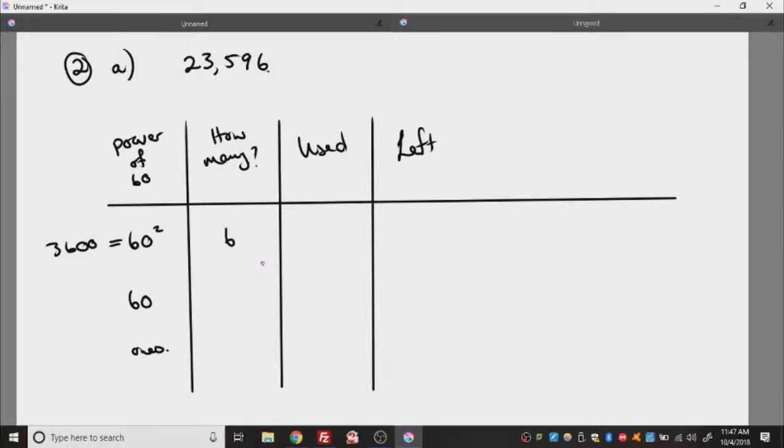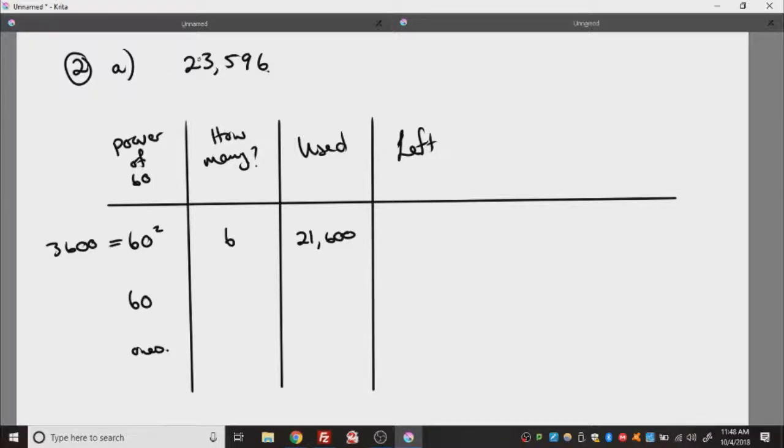Okay. So now I need to know how much have I used? Well, 6 times 3,600 is what I've used. What is 6 times 3,600? 21,600. And then I see what is left.